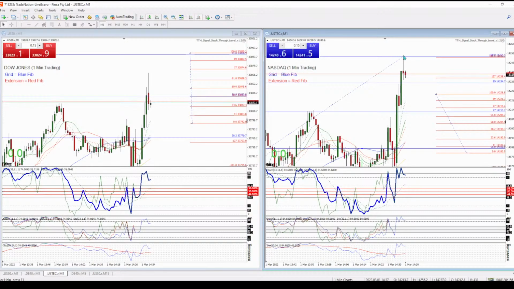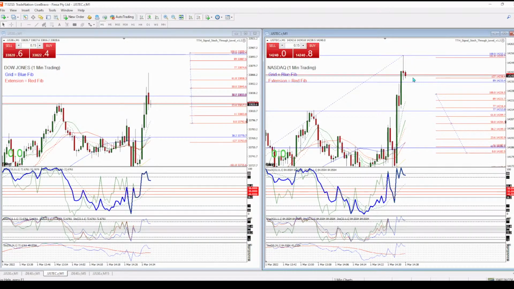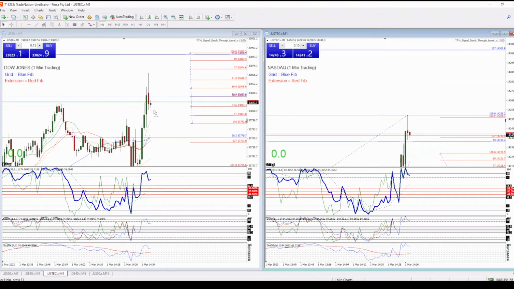Two candles close below this high. Put another buy stop.